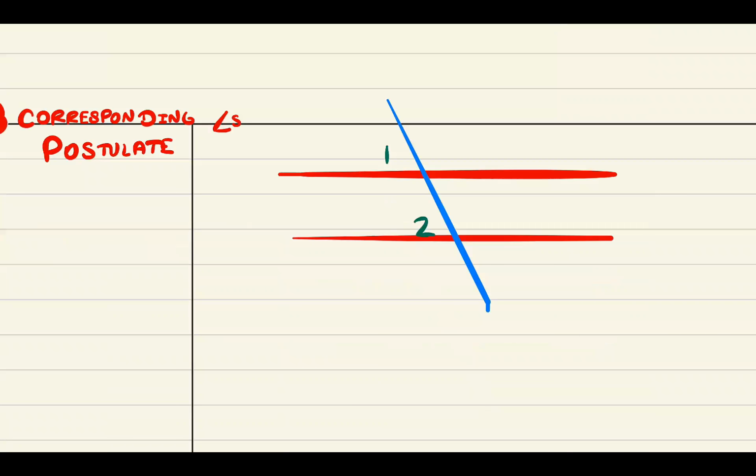And what would we say about those 2 angles? They are congruent. So we'd say angle 1 is congruent to angle 2.